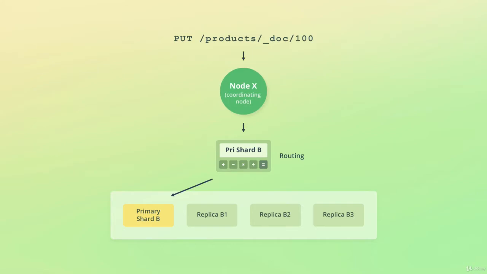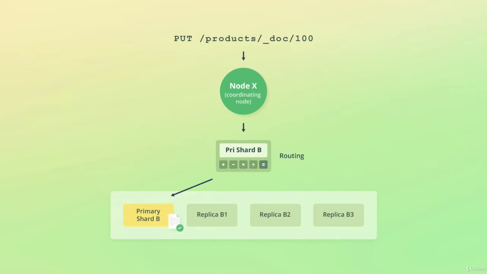the primary shard. The primary shard is first of all responsible for validating the request. This involves validating the structure of the request, as well as validating field values. For instance, attempting to add an object for a numeric field would cause a validation error.